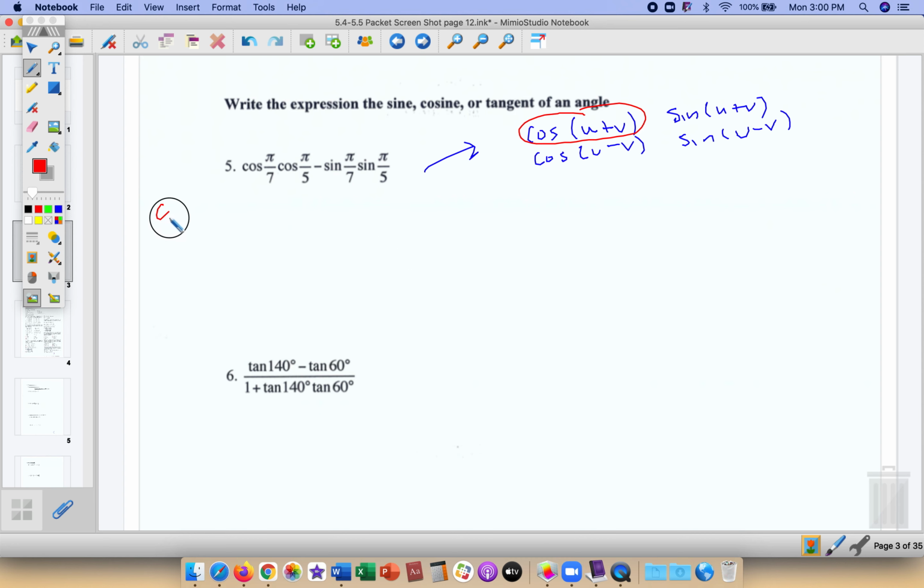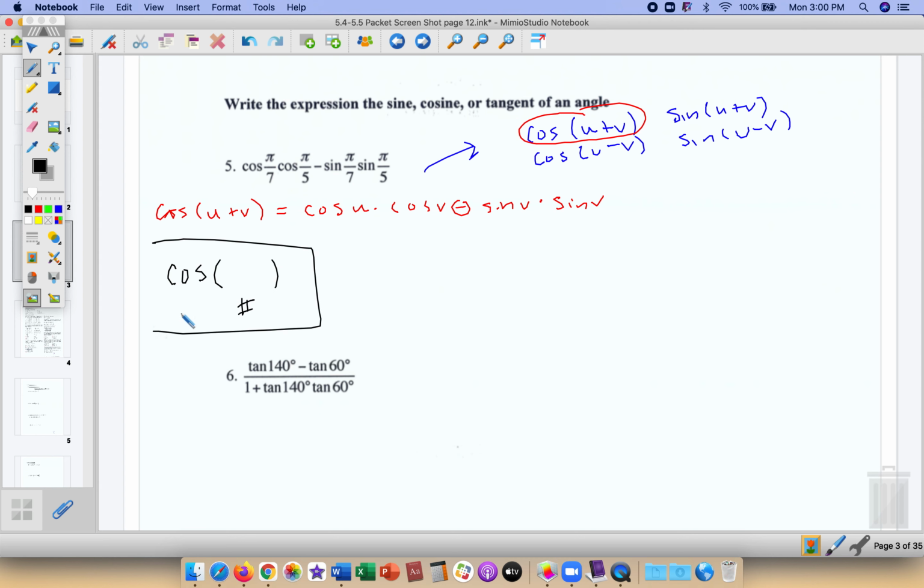If you look at that formula, it says cos of u plus v is equal to the cos of u times the cos of v minus sine of u times the sine of v. So we're trying to write it as one angle. So I want to write cosine of, and I want to fill this value in here. And that's going to be my answer.